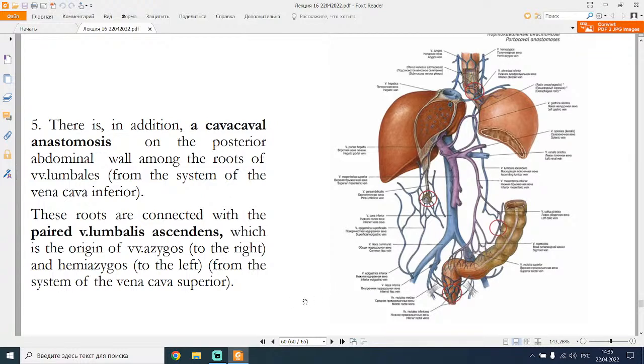These roots are connected with vena lumbalis ascendens, which is the origin of vena azygos to the right and hemiazygos to the left from the system of the vena cava superior.